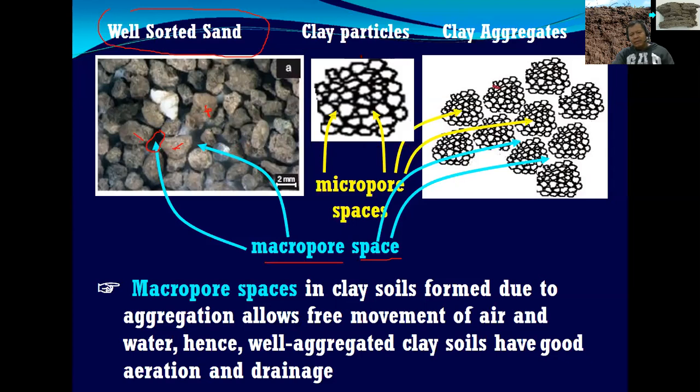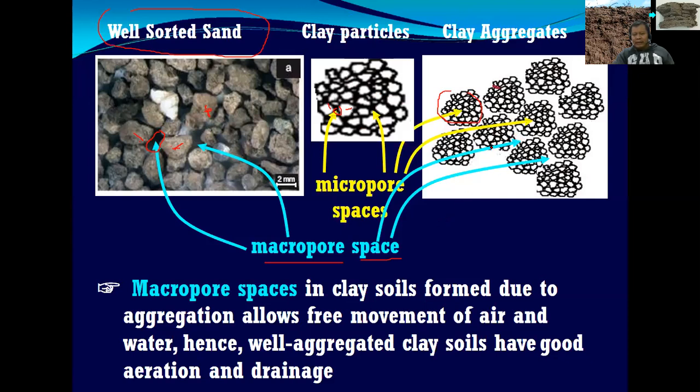Now in clay particles, for example, clay particles would have micro spaces. So between them there are small pore spaces. Between the clay particles, there are micropores. But between clay aggregates, this is a group of clay particles.